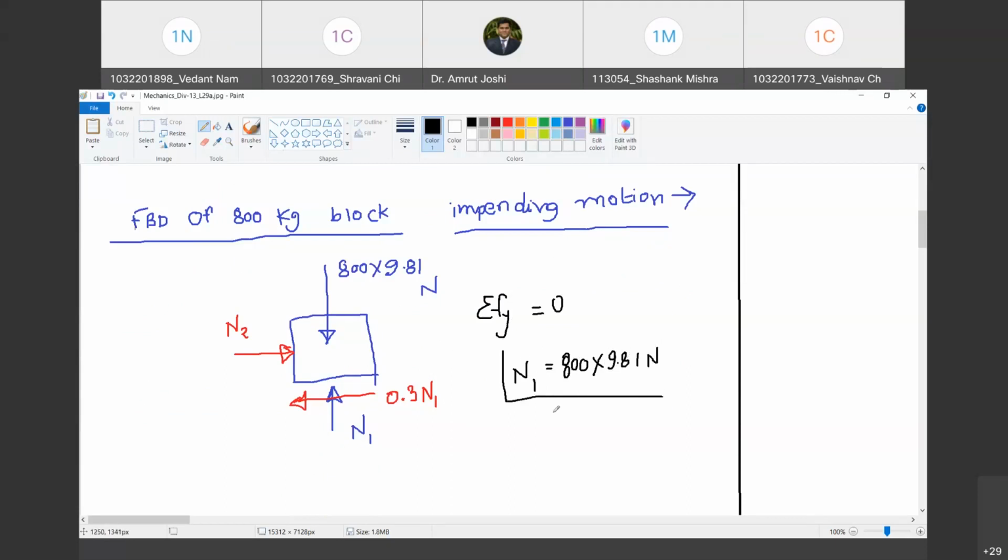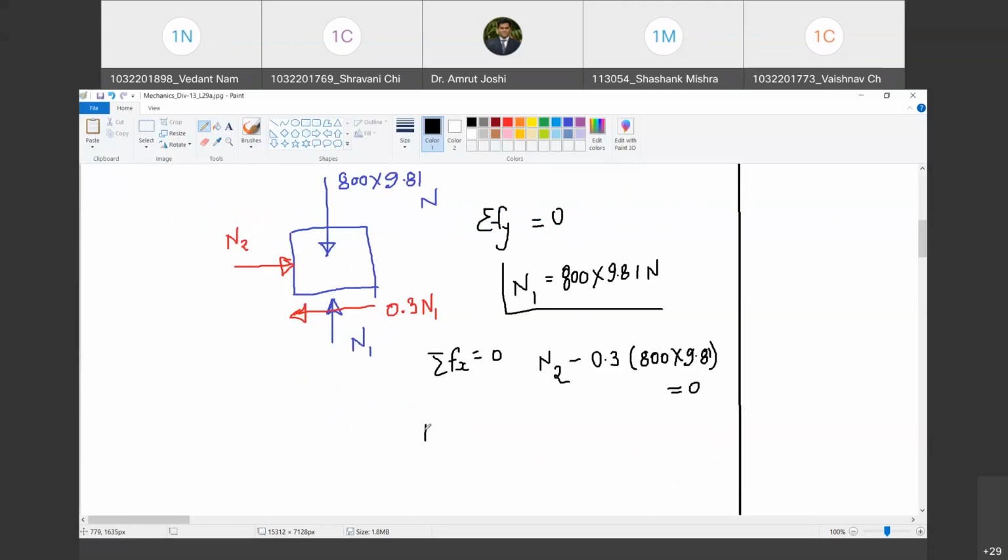This is the value of N1. And now summation Fx equal to 0. That gives me what? N2 minus 0.3 times N1, which is 800 into 9.81. Happy? This must be equal to 0. So can you now tell me what is the value of N2?